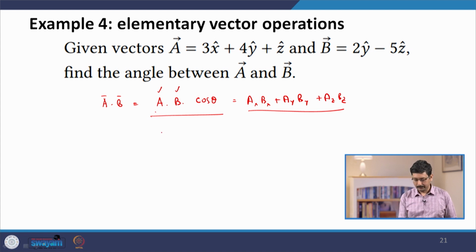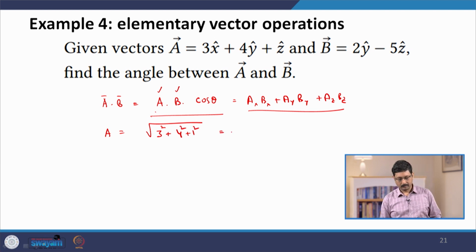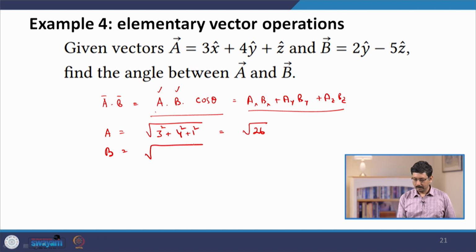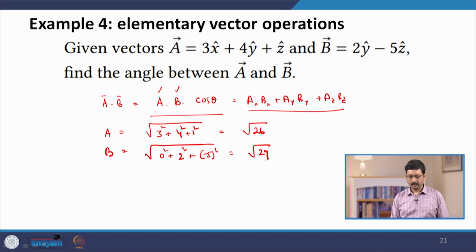So, let us proceed. First the magnitude of A, which is 3 square plus 4 square plus 1 square, which is 9 plus 16 plus 1, square root of 26. Magnitude of B: note that there is no x component. So, this is 0 square plus 2 square plus minus 5 square, which is square root of 29.